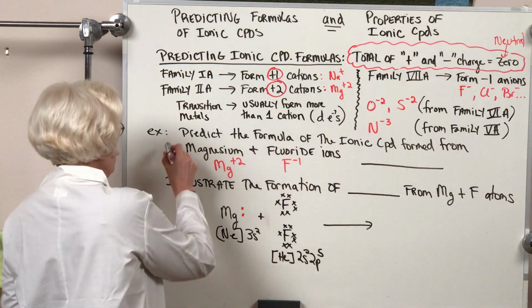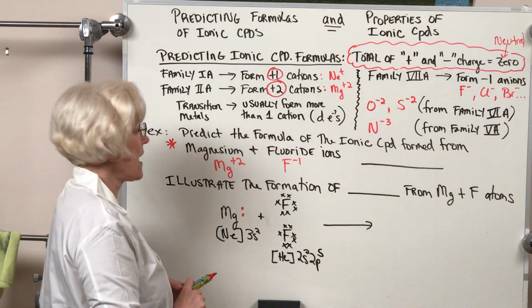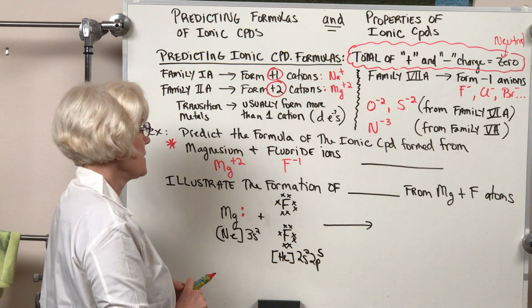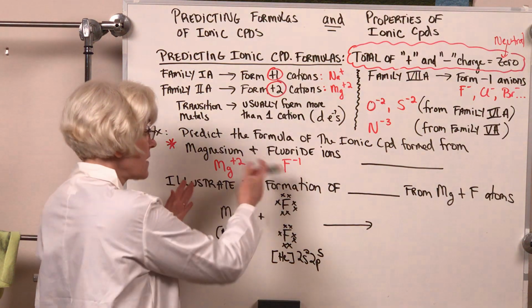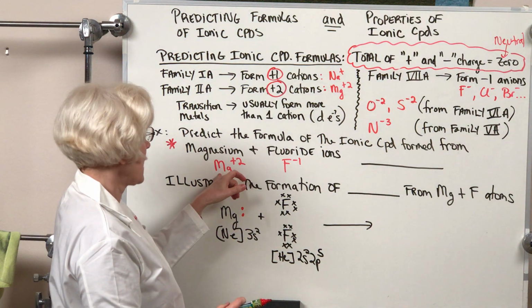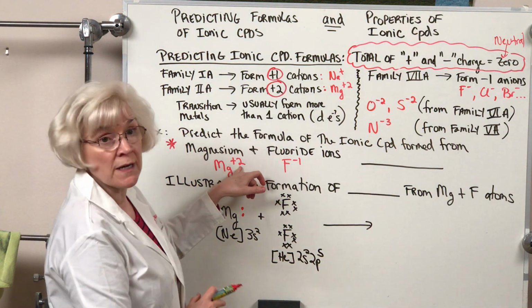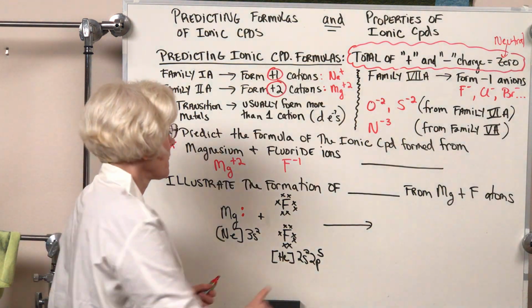So here's a question that you could see on a quiz or an exam. Predict the formula of the ionic compound formed from magnesium and fluoride ions. Well, we just talked about those ions. Magnesium, an alkaline earth metal, would lose 2 electrons to form a +2 cation.